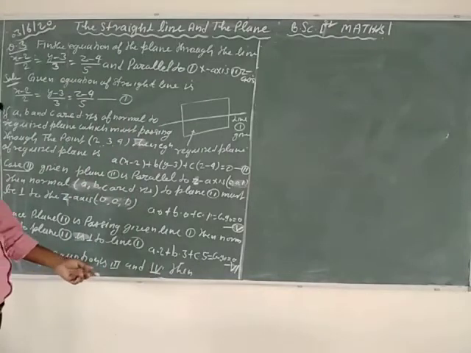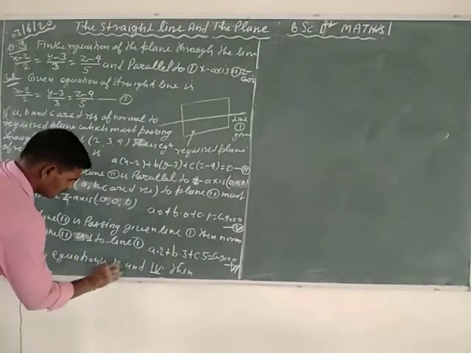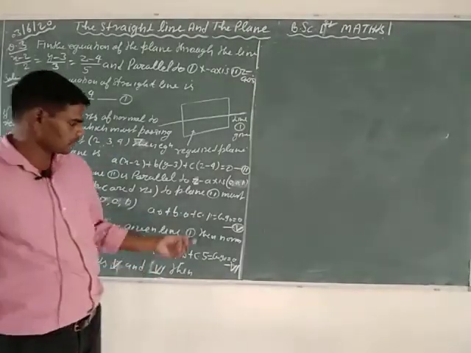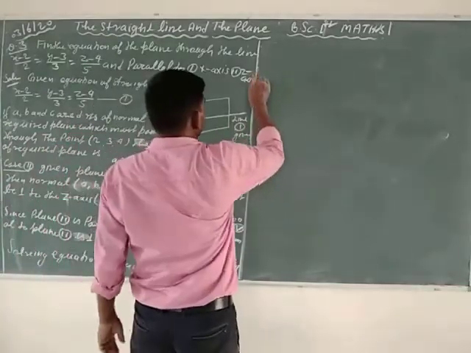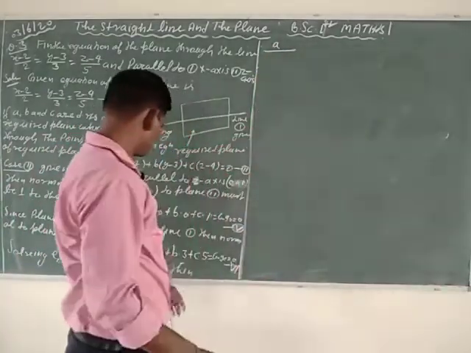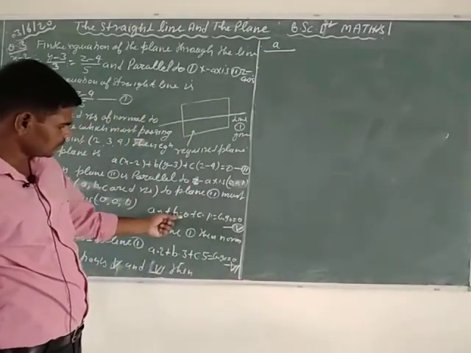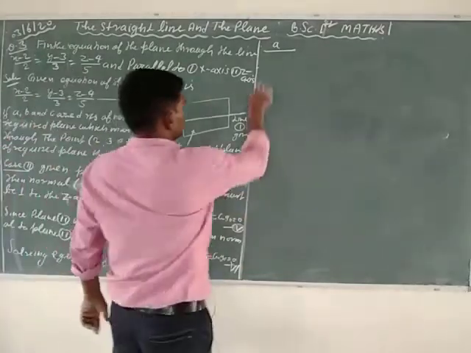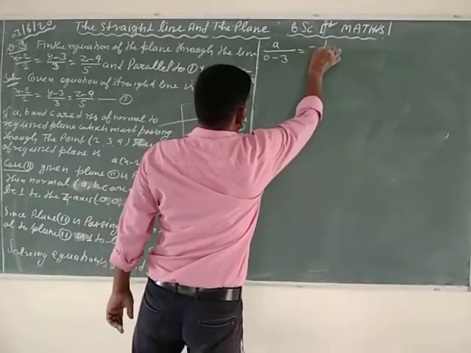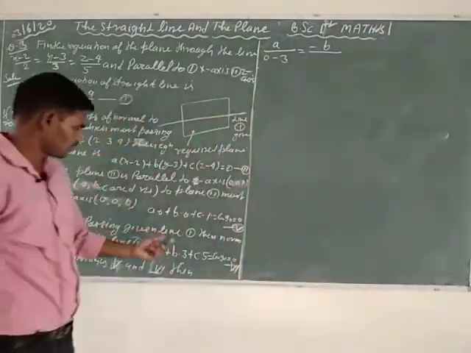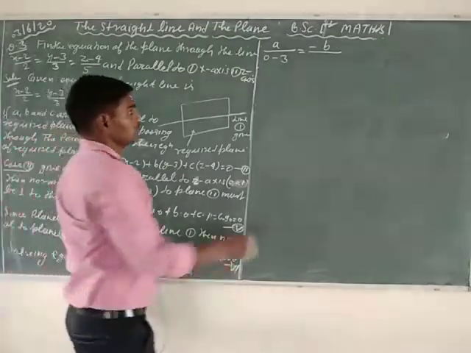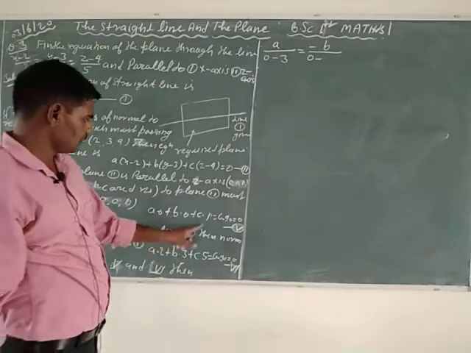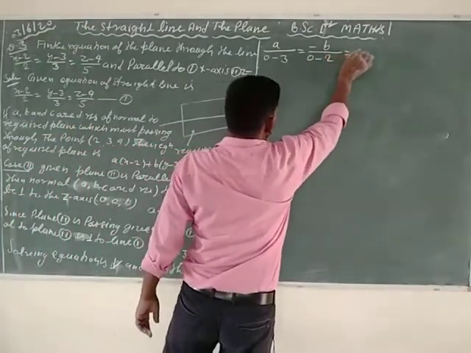Now solving equations 5th and 6th, here taken a column, so eliminate a, and 0 multiply by 5 is equal to 0 minus 3 into 1. So 0 minus 3 is equal to minus b divided by, taken b column. So 0 into 5, 0 minus 2 into 1, minus 2, is equal to c.